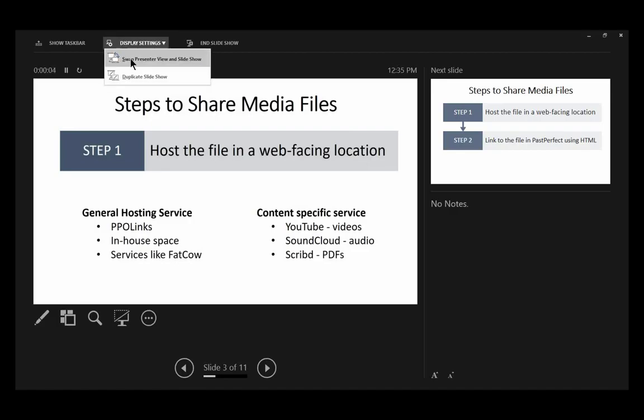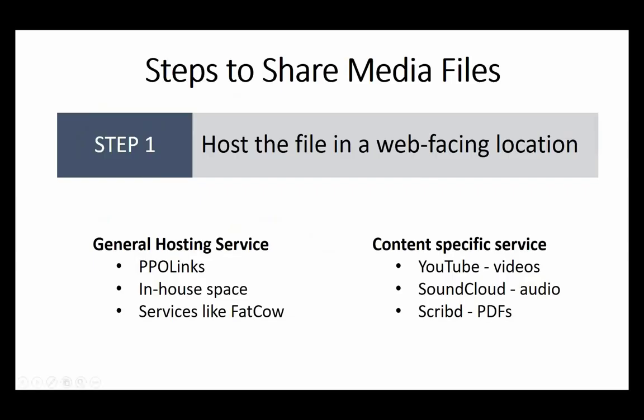Oh, I'm just going to switch my screen. There we go. Okay, so the first step is to host the file in the web-facing location. So in the first example we did today, that was PPO links. We copied a PDF from a folder on our desktop to our PPO links folder.